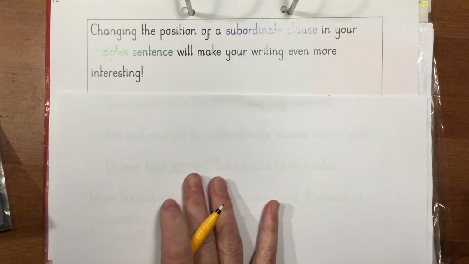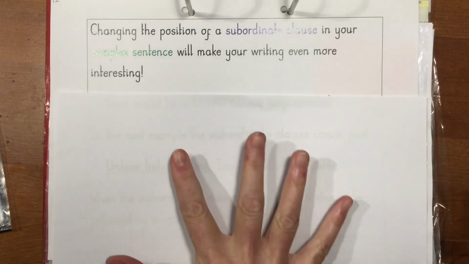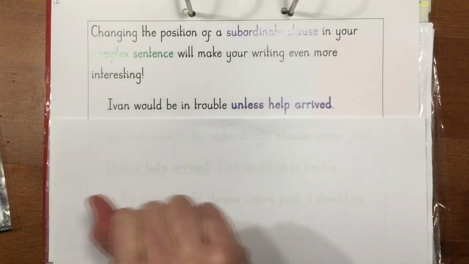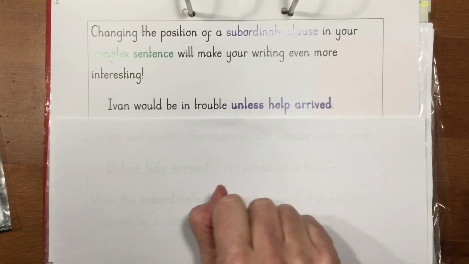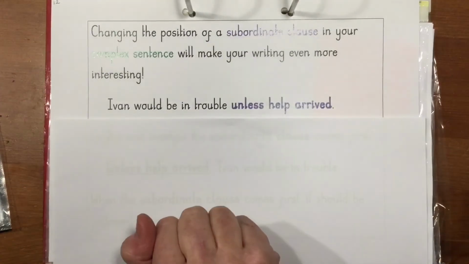Now, changing the position of a subordinate clause in your complex sentence will make your writing even more interesting. Here's an example with a subordinate clause at the end. Ivan would be in trouble unless help arrived.